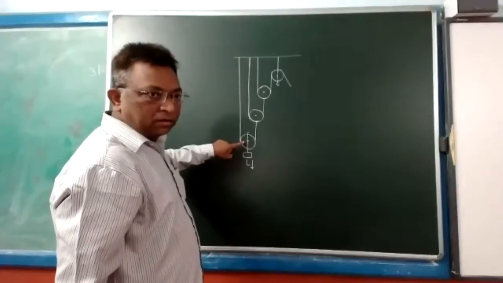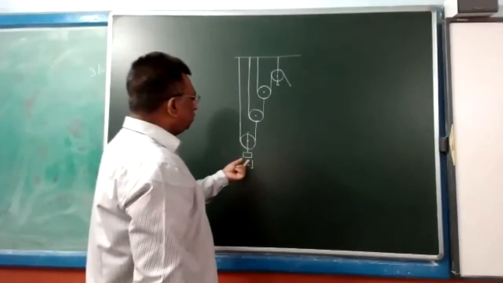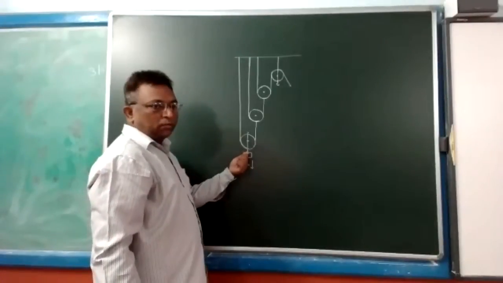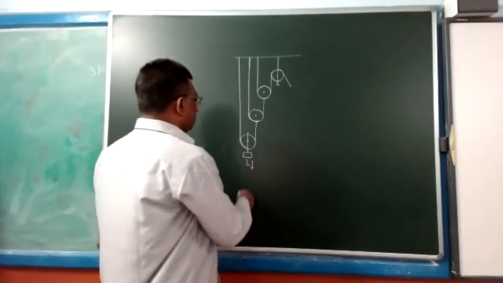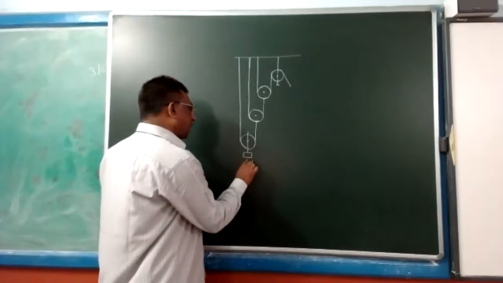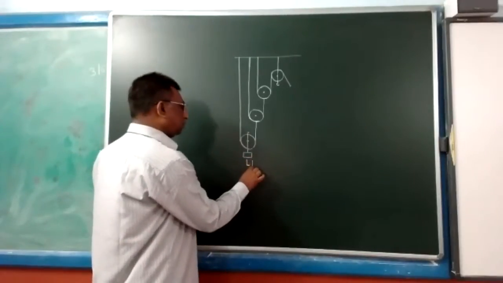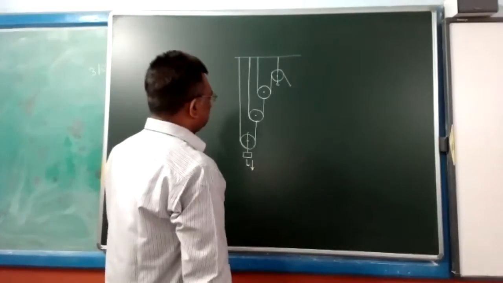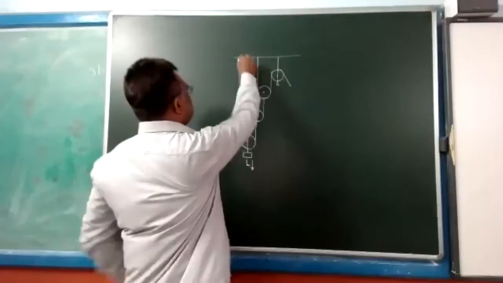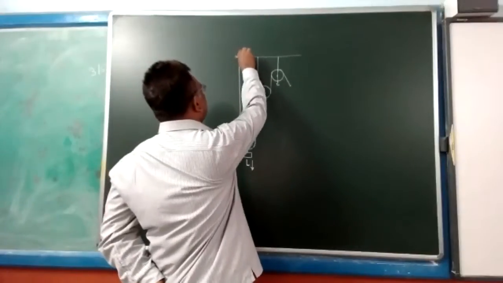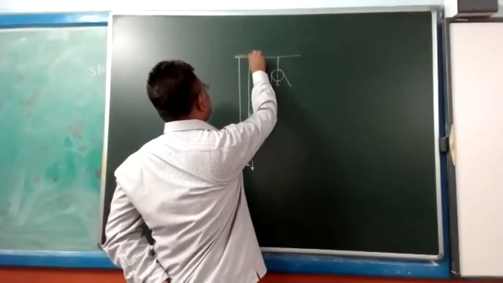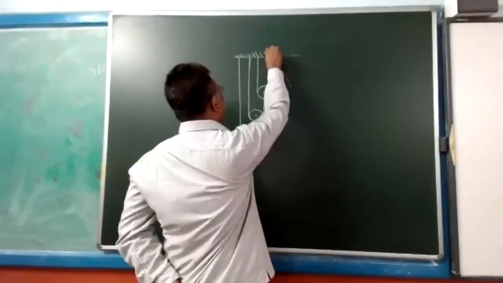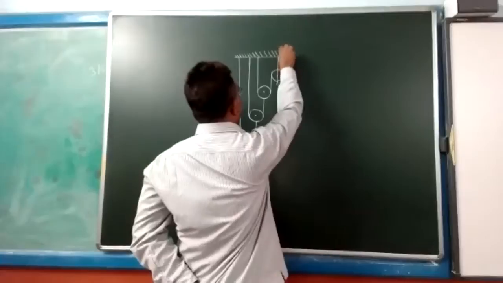The load is hung from the hook of the movable pulley, so it is acting vertically downward. It is pulled by the earth, and this is the rigid support from which these pulleys are hanging.